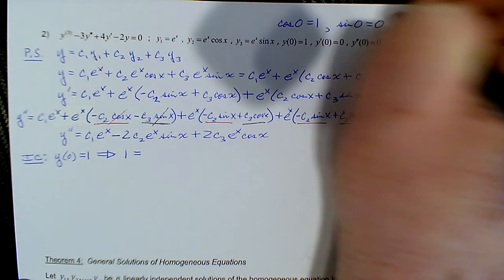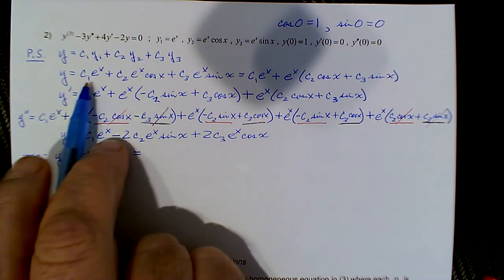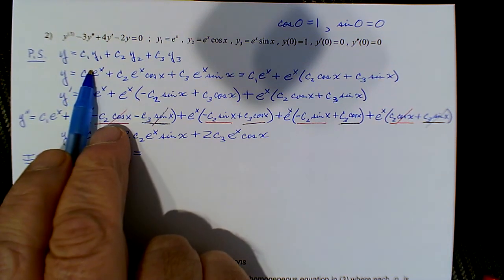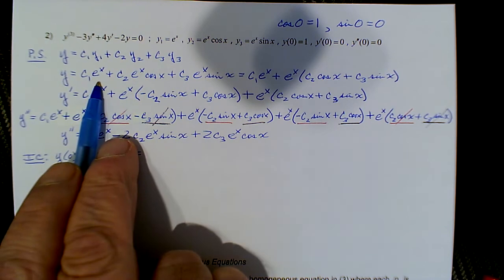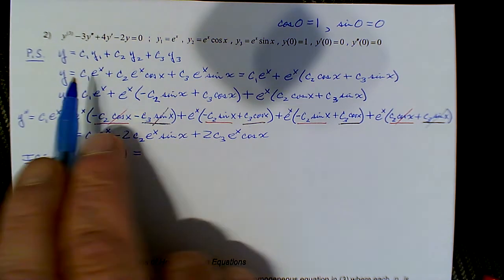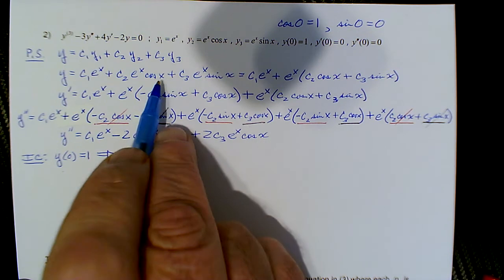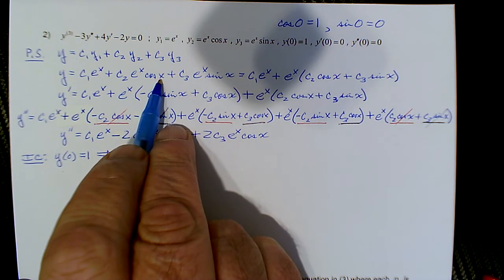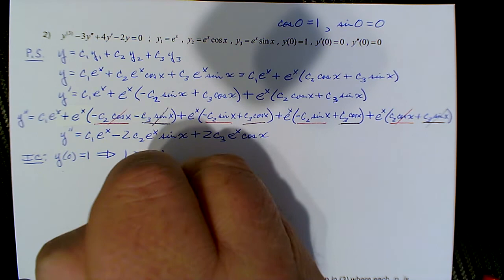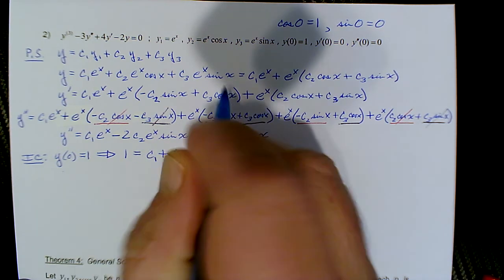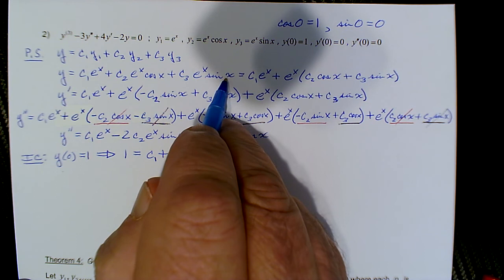So that makes things a little bit easier because when we go to y, let's just go to the given initial form. A C1 stays because that's e to the 0, but then the cosine of 0 is 1, and e to the 0 is 1, so we get C1 plus C2, but the C3 term goes to 0 because sine of 0 is 0. Alright, so we'll hold on to that.